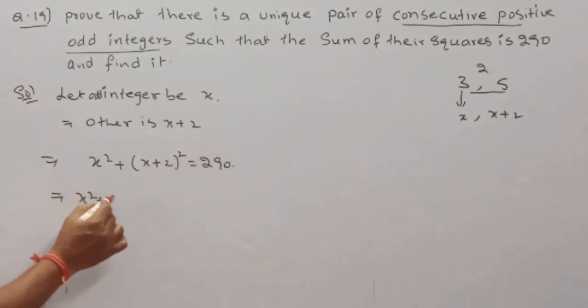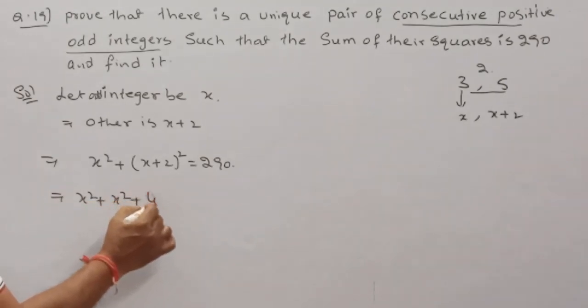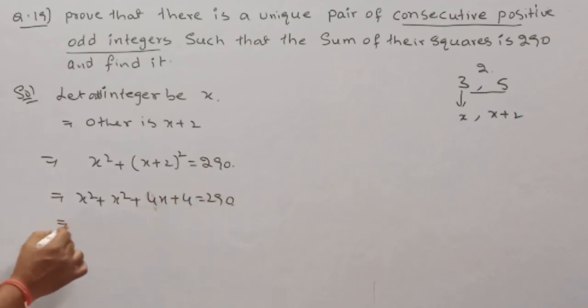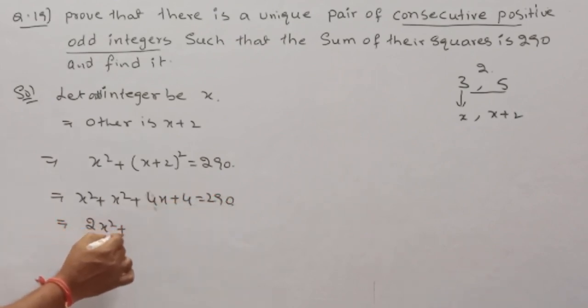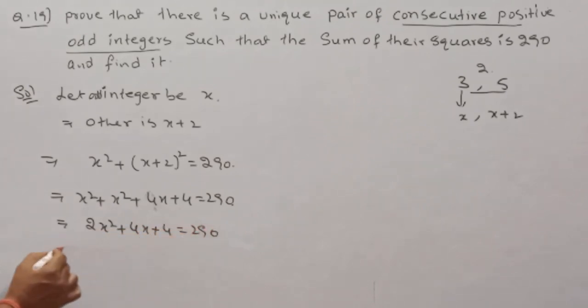This implies x square plus x square plus 4x plus 4 is equal to 290. This is 2x square plus 4x plus 4 is equal to 290.